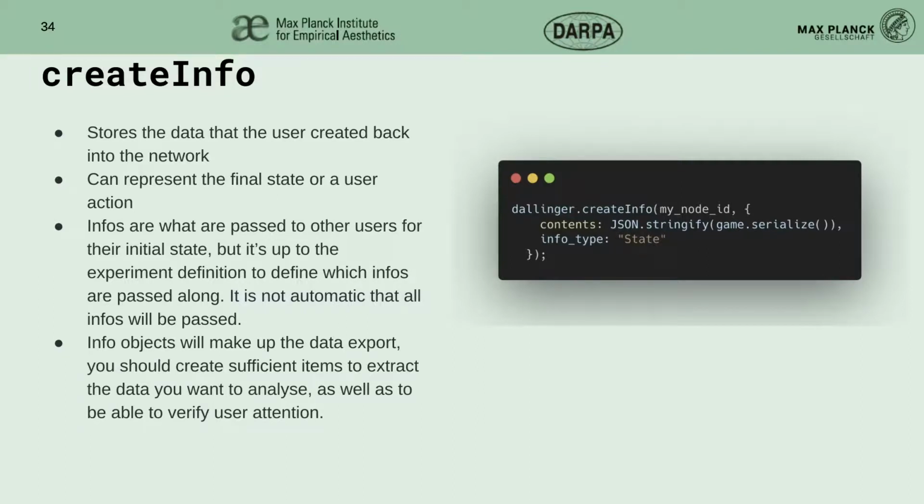So this is called once per event? Yeah, create info you can call as many times as you want for whatever reasons that you want. Generally speaking, you'd call create info when the user has finished their work and they have got the data in the same format that they received it in.